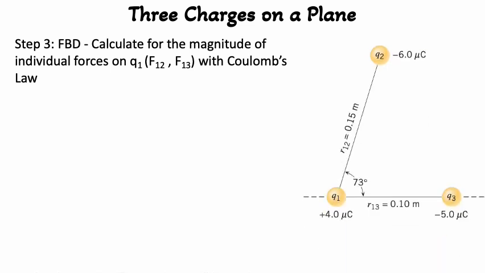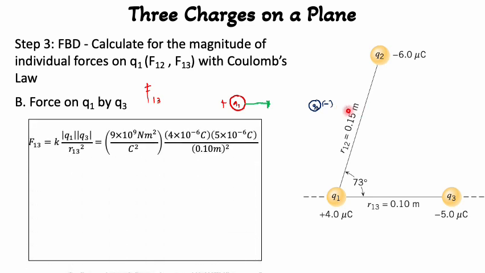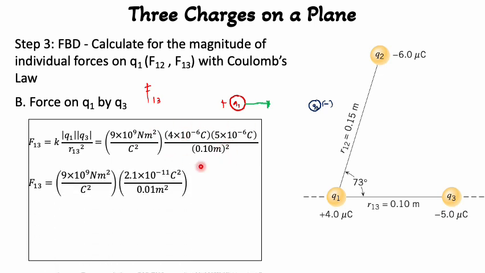Now, how about the force on Q1 by Q3? This is our free body diagram. It is horizontal only. Apply Coulomb's law. This time, for F13, we use charge 3 and the distance between charge 1 and 3, that is 0.10 meters. Substitute the given values and apply mathematical operations.